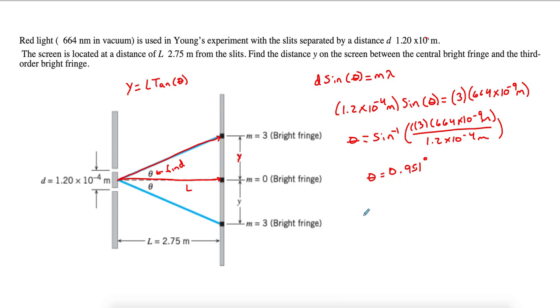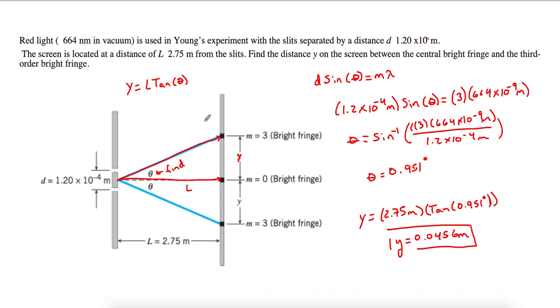Then we can go in here. So y is just going to be equal to L, which is 2.75, times the tangent of 0.951 degrees. And when you do that, you should see that y is equal to 0.0456 meters.